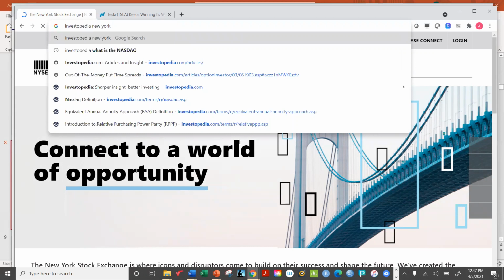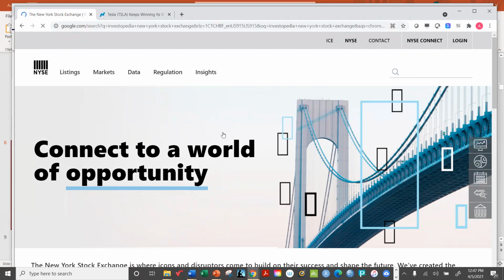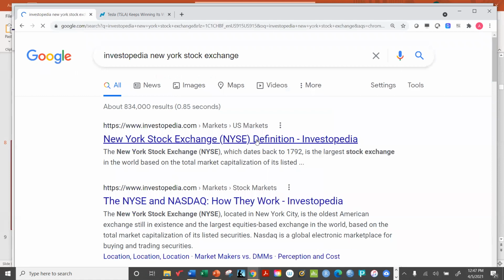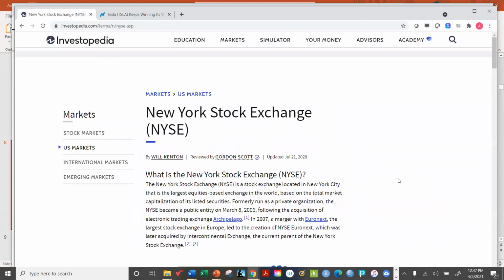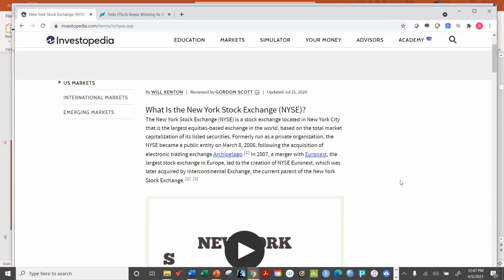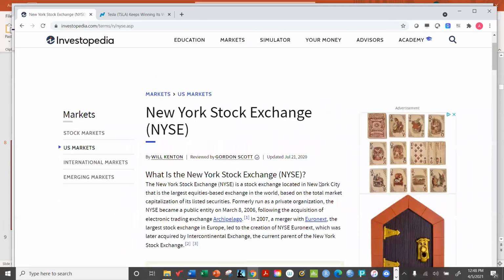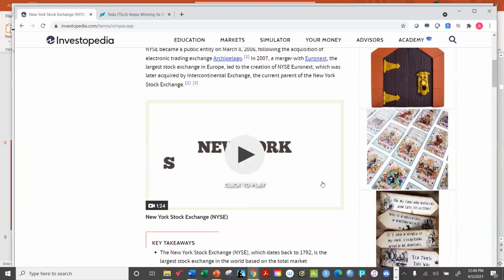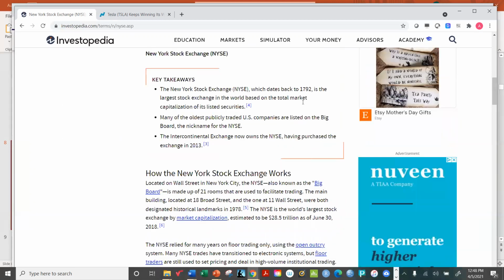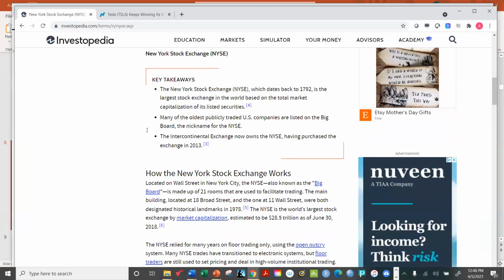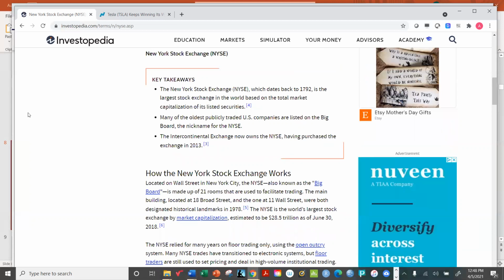This one has a very long and interesting history, but this is where traditional trading took place, where literally people would stand on the floor and yell at each other. So the New York Stock Exchange is located in Manhattan. Let's see. It dates back to 1792. How do you like that? 1792.